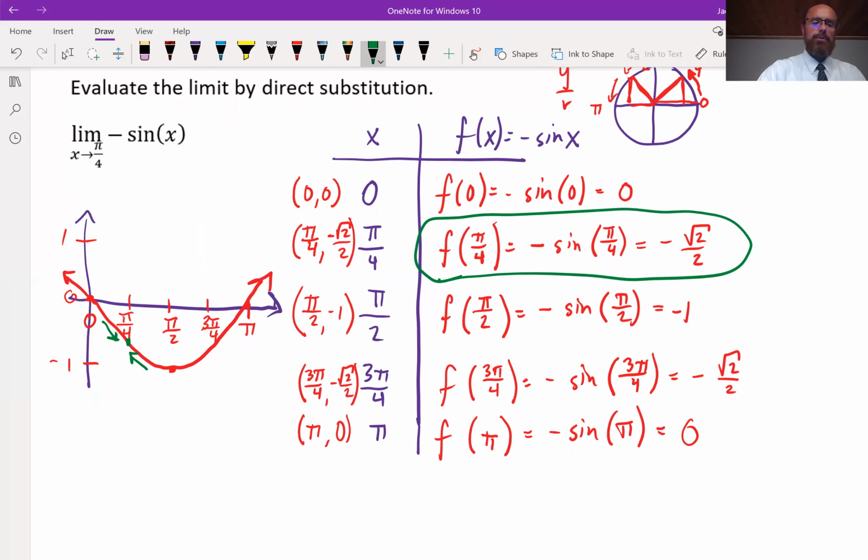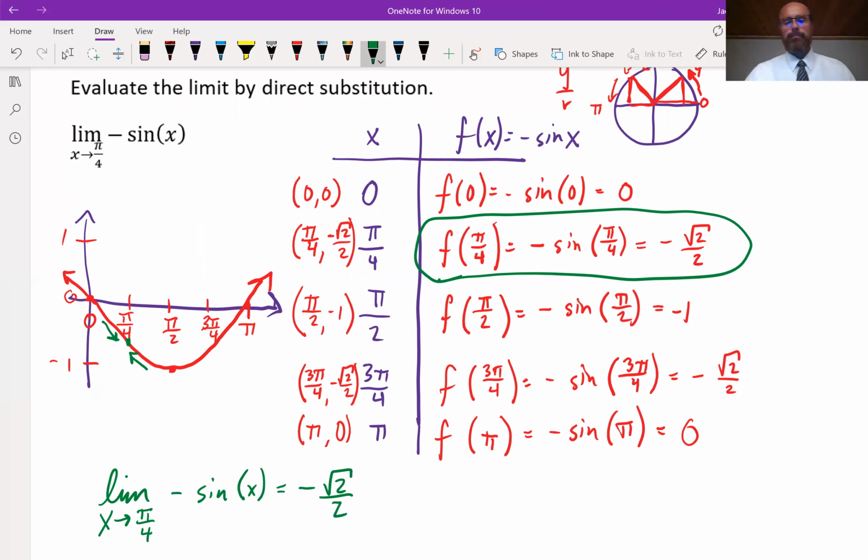That's our direct substitution. So our final response here is the limit as x approaches pi over 4 of the function negative sine of x equals the negative square root of 2 over 2.